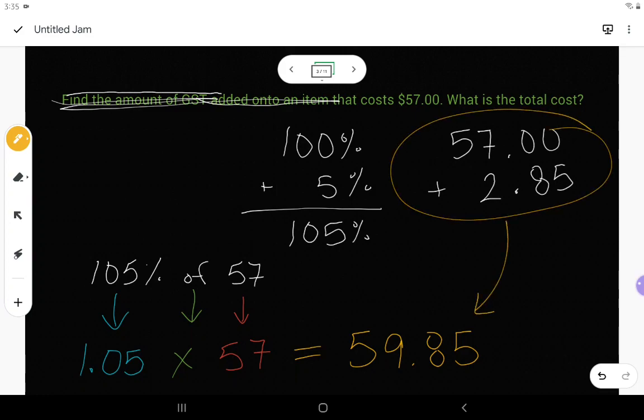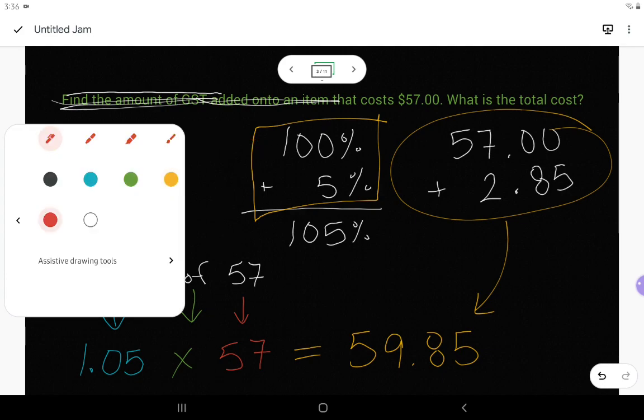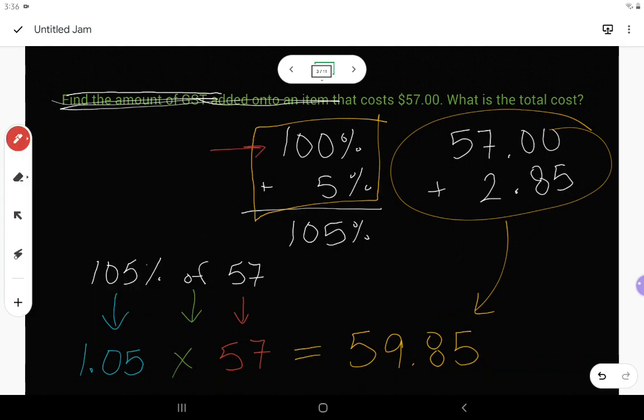Okay, so if you don't need to state what the GST is separately, you can combine your percentages together, where the 100% is the original cost, and that 5% is the tax being added on.